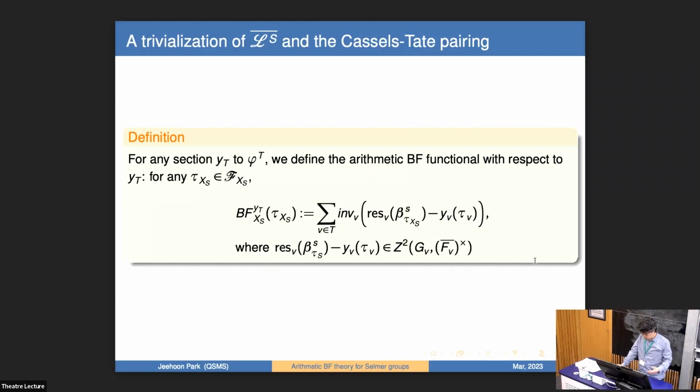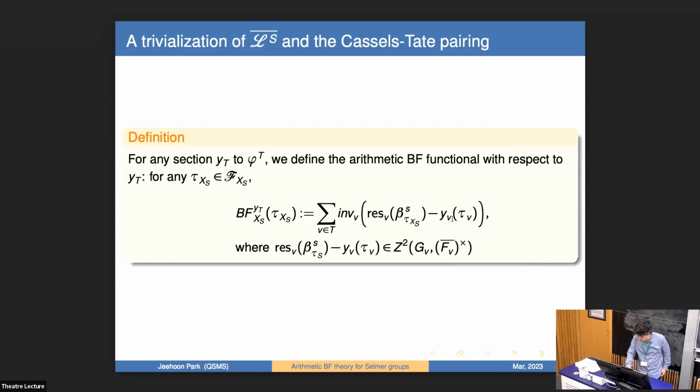So I introduced the set of primes P, then the arithmetic BF functional with respect to Y_T, the section Y_T, is simply the invariant map of the restriction of that global arithmetic BF functional minus that section. Each thing is not a cocycle.